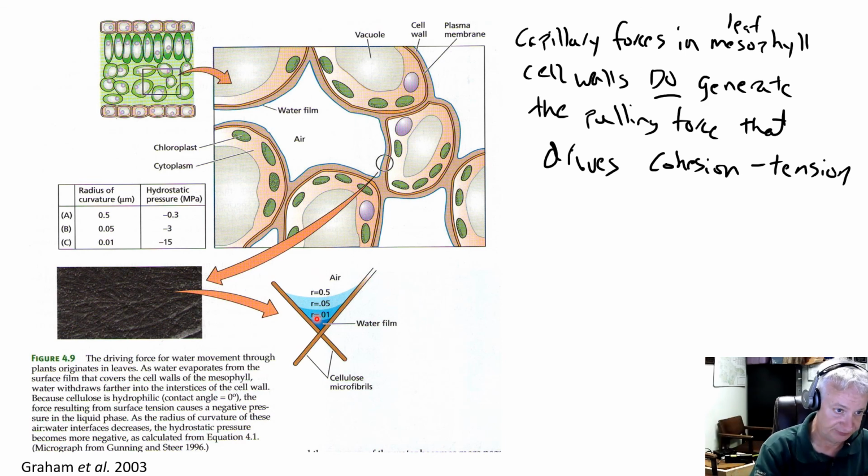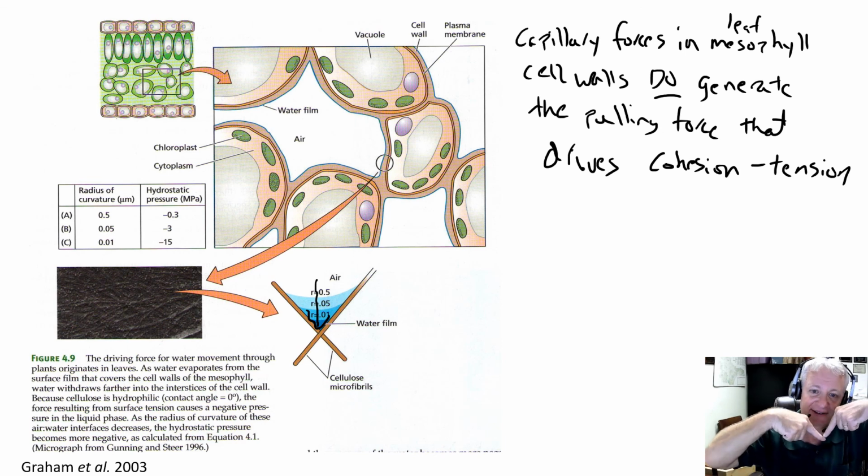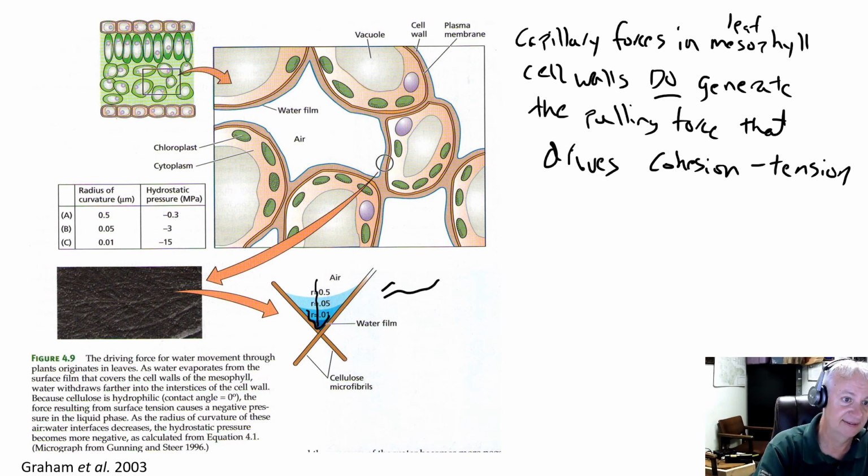So as more water evaporates, the radius of curvature of that meniscus becomes steeper, and the pulling force becomes stronger. This meniscus generates the capillary pulling force.